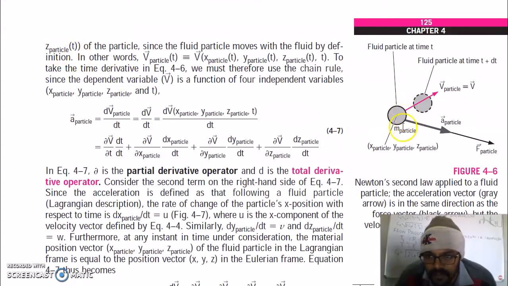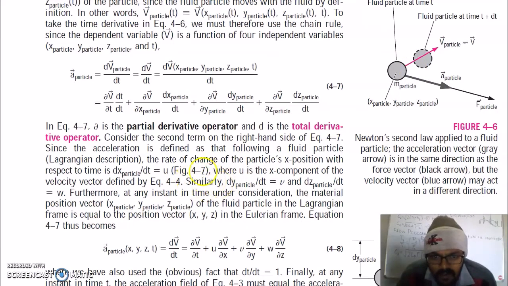This is your particle. Mass of particle is given. The x, y, z coordinate is given. And the velocity of this particle can be calculated. So velocity is a function of x particle, y particle, z particle. Now when you take the derivative, you will get this equation. Derivative of velocity with respect to time: if you calculate with respect to x, then del v by del x into dx by dt, then del v by del y into dy by dt, and the same for z, where del is the partial derivative operator and d is the total derivative operator.